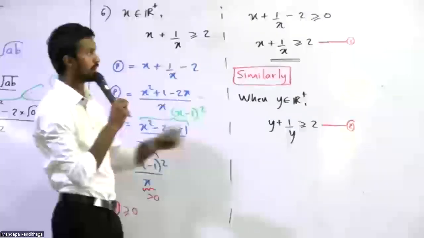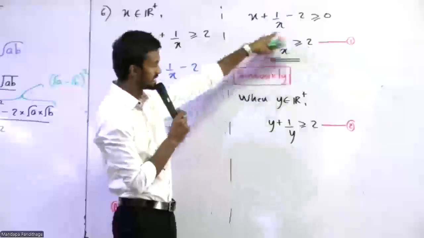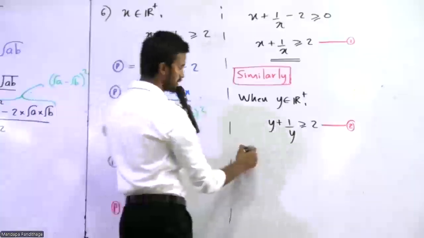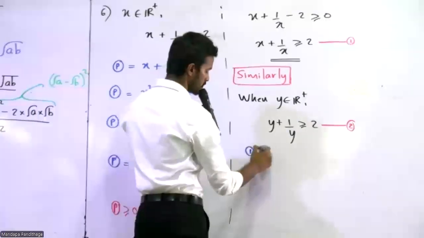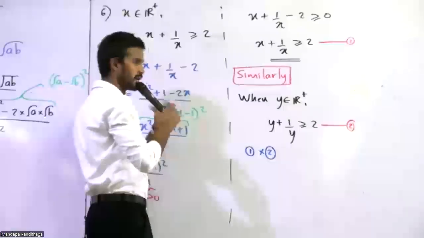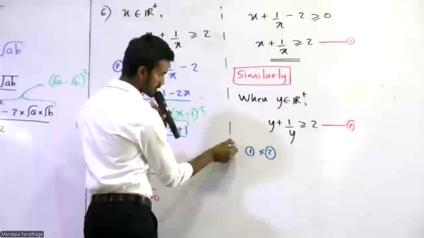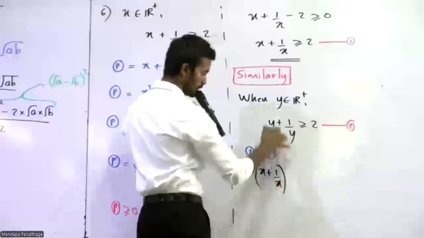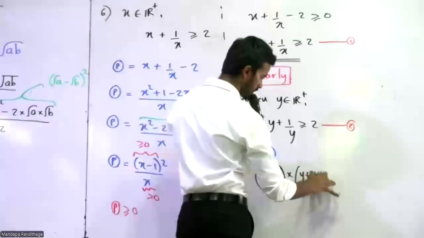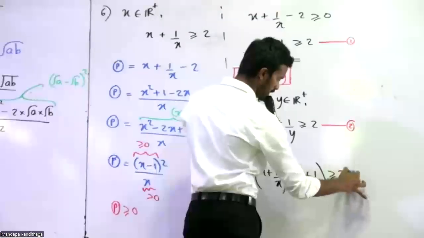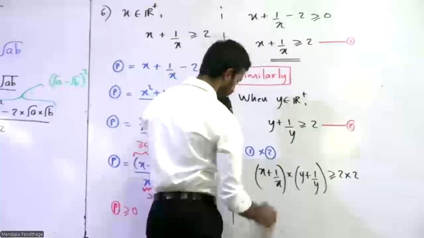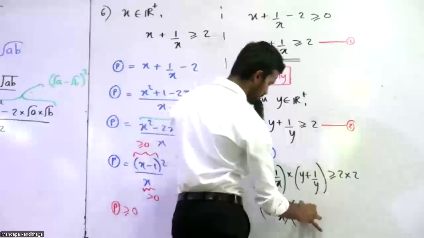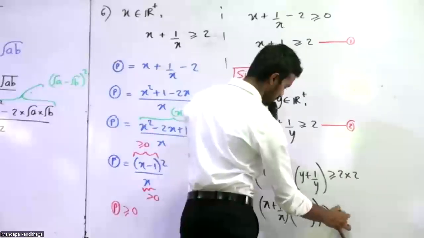So now it is clear. All these are positive. When this is positive, this is greater than 2, it's even positive. So you can multiply the two inequalities, because both sides are positive. When you multiply x plus 1 over x times y plus 1 over y, it is equal to or greater than 2 into 2.